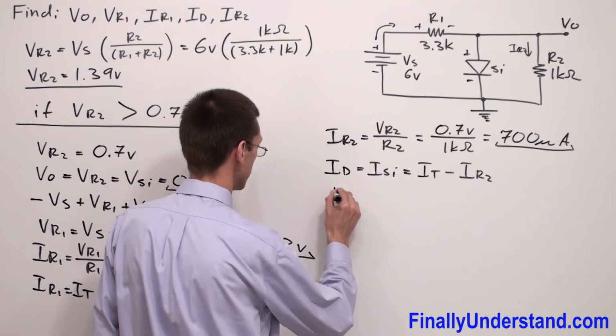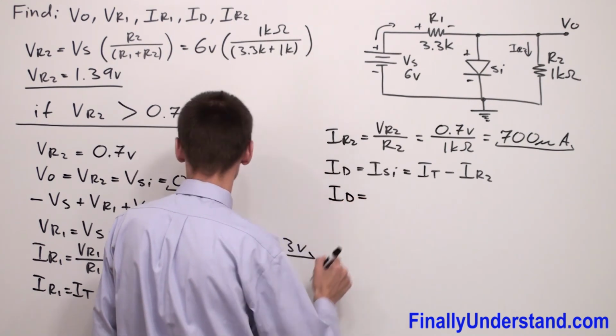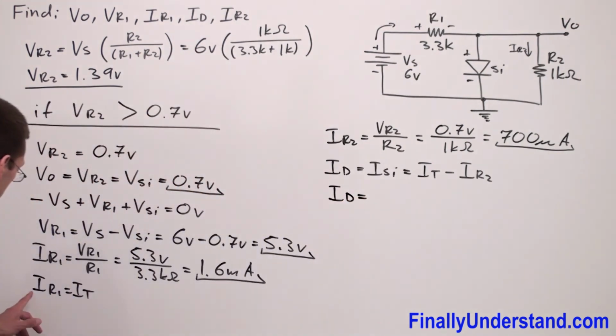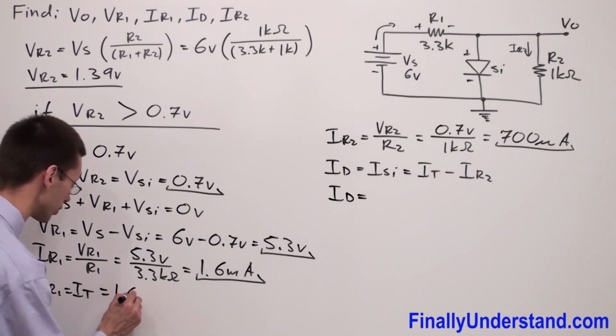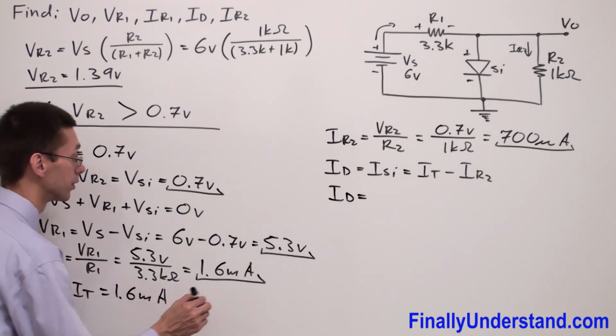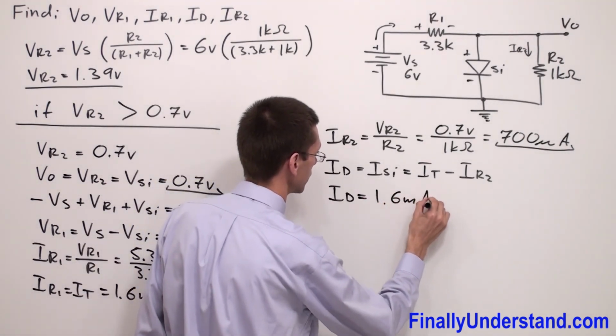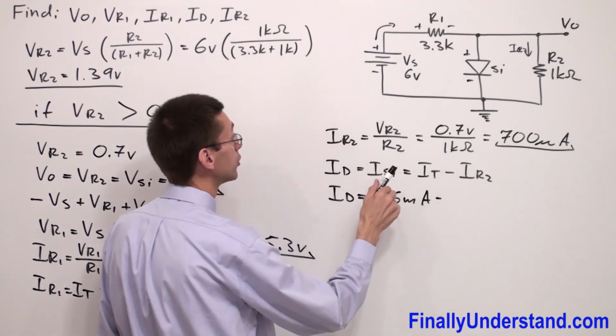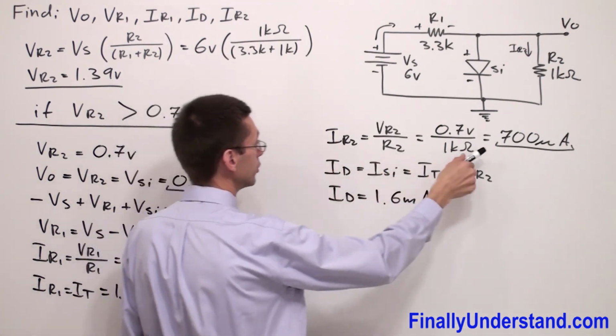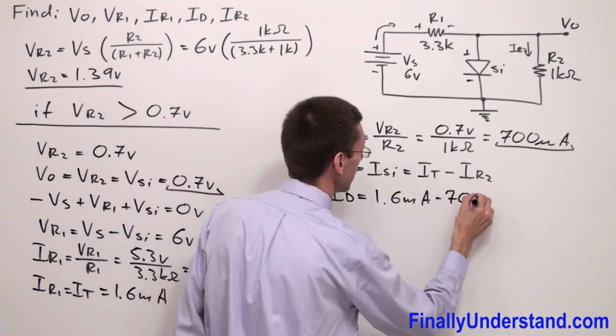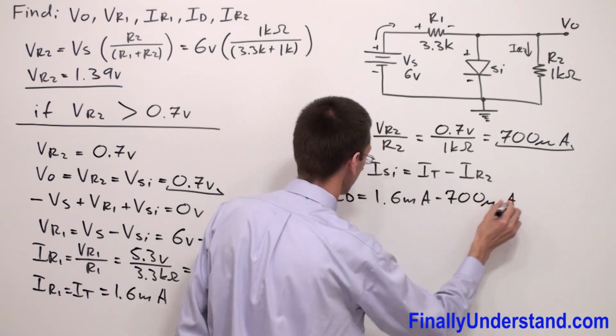We said that I total is equal to IR1, which is equal to 1.6 milliamps. So 1.6 milliamps minus IR2, and IR2 is equal to 700 microamps.